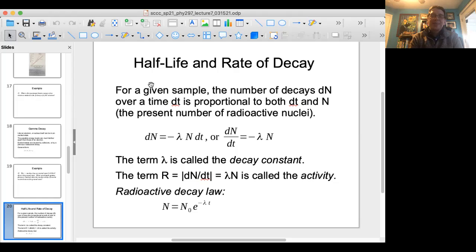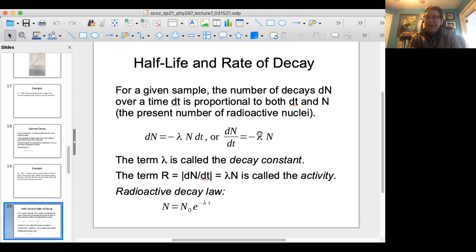So dN is equal to negative lambda, a substance-specific constant called the decay constant, times N times dt. Or the derivative of N with respect to time is equal to negative lambda N. And so the activity R is equal to lambda N. That's how much activity you're getting at a given instant.